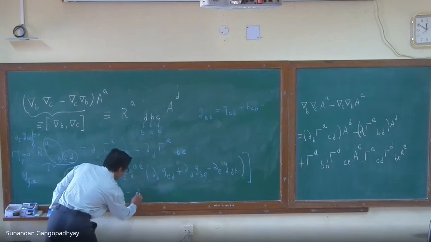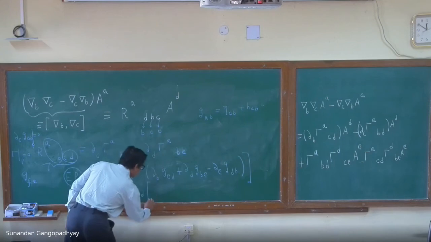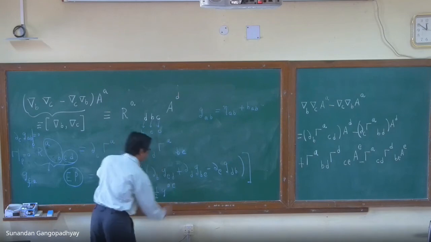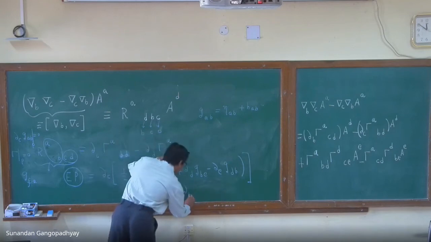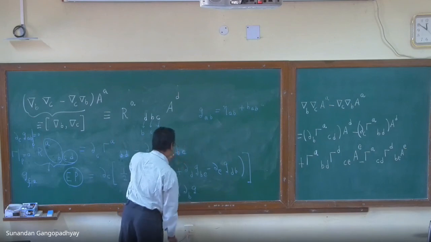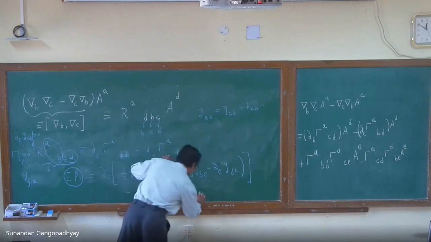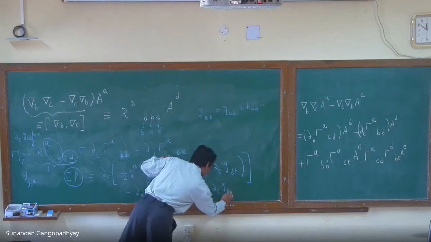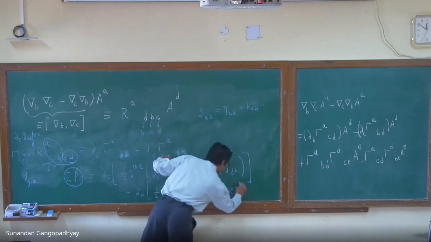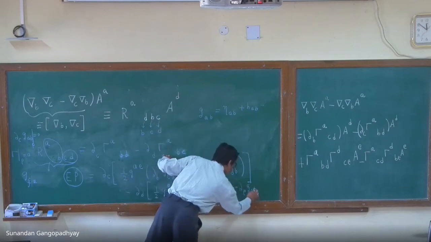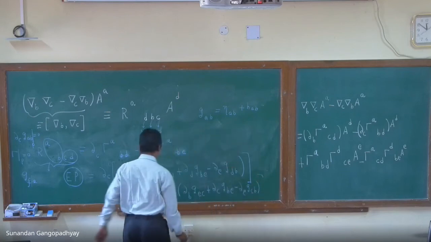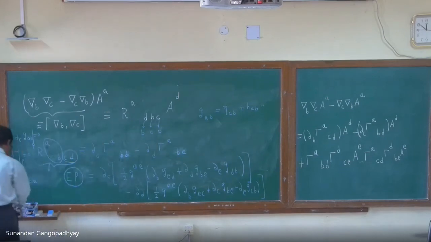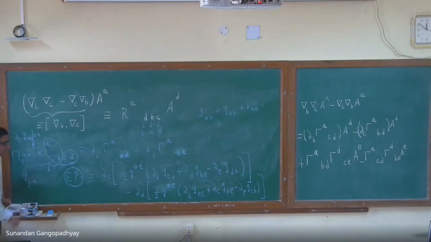Minus, again replace this by the metric tensor, G is E del P G C plus del C G B E minus del E G C. This is what we have, right?